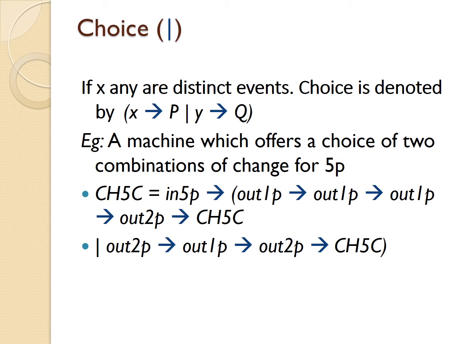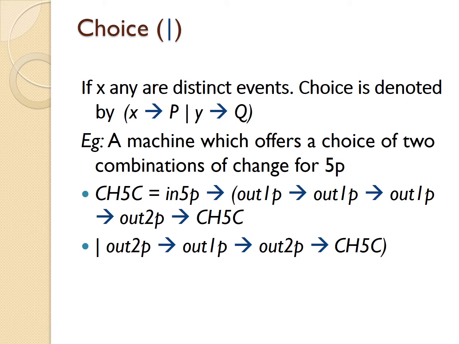If you insert 5 penny, how many combinations are there to receive the change? There are obviously many ways. So by using choice, we notate this process like in this slide.